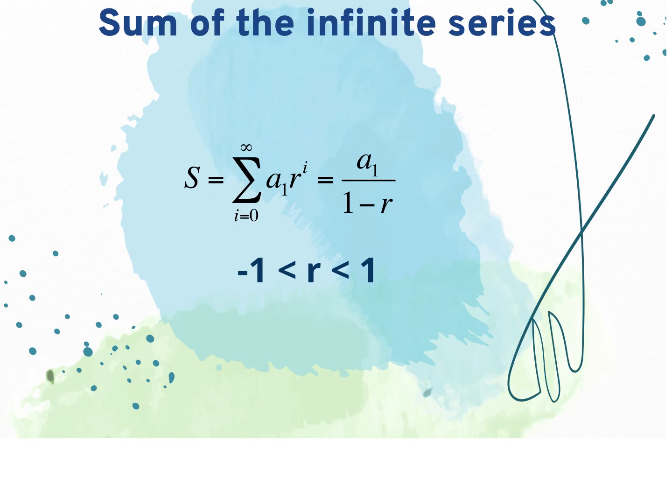So again, a sub 1 times r, common ratio to the i power. Notice this time the i at the bottom equals 0. For this, your r value has to be a fraction. It's got to be a number in between negative 1 and positive 1. And then once all this scenario sets up, it's the first term divided by 1 minus r.